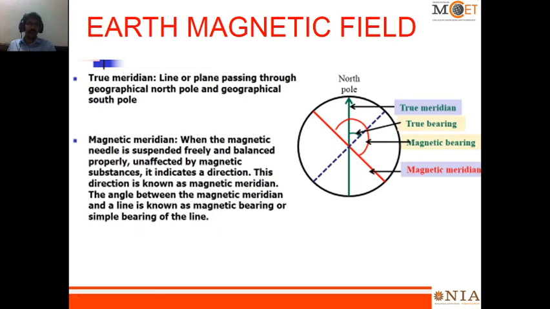Then the difference between the magnetic bearing and the true bearing is called the declination, right? So the angle of the line from the true meridian is the true bearing. The angle from the magnetic meridian is the magnetic bearing, right? So the difference between the true bearing and the magnetic bearing, the small deviation, is called the declination.